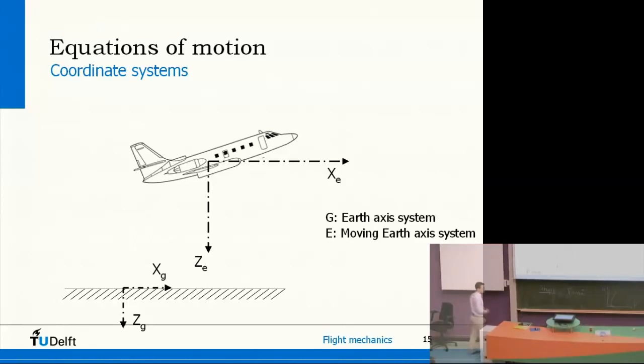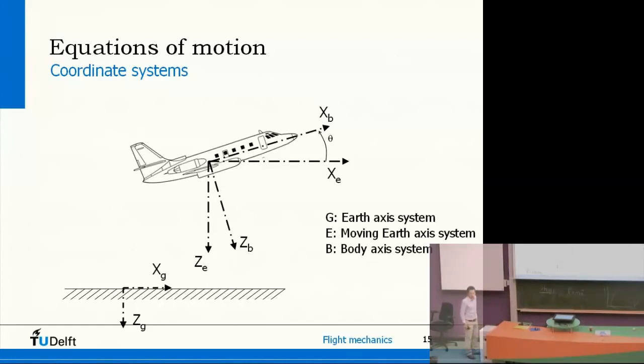And that's quite convenient. Now, once you have this, then of course you can imagine there will be other axis systems, because a plane is not always in a horizontal attitude. So what we can also define is what is called a body axis system.